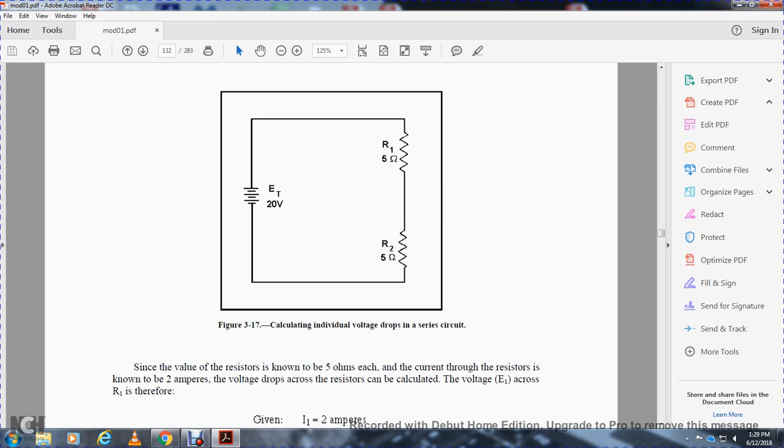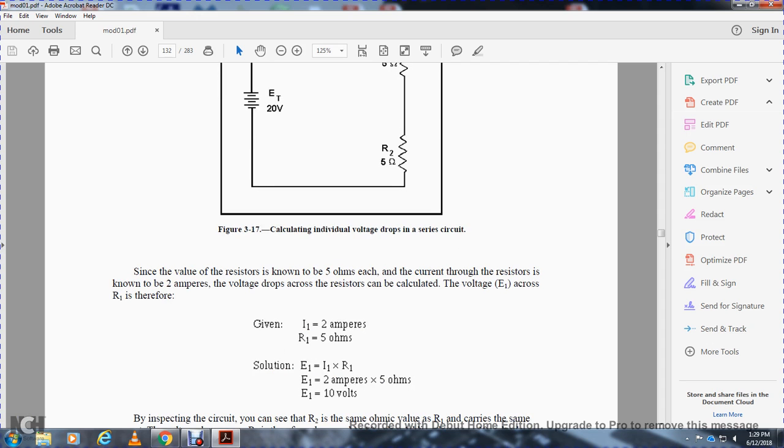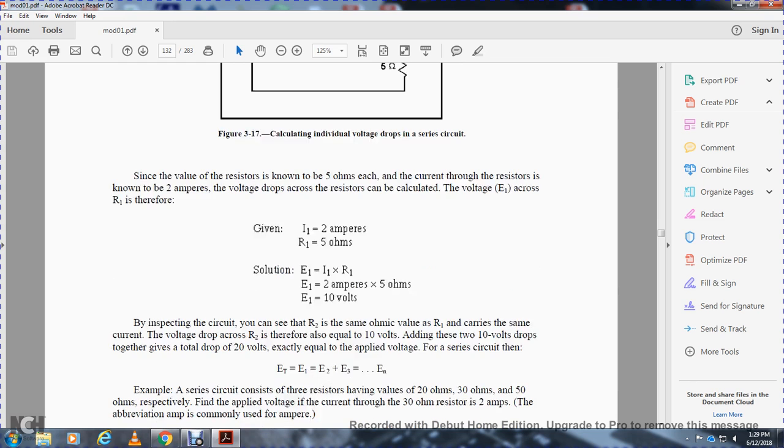The value of the resistor is known as 5 ohms, and the current through the resistor is known to be 2 amps. To calculate the voltage drop E across resistor 1, given the current is 2 amps and the resistor is 5 ohms, the voltage is equal to 2 amps times 5 ohms, which equals the voltage E1.